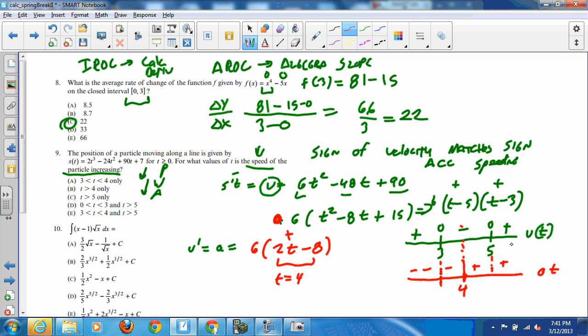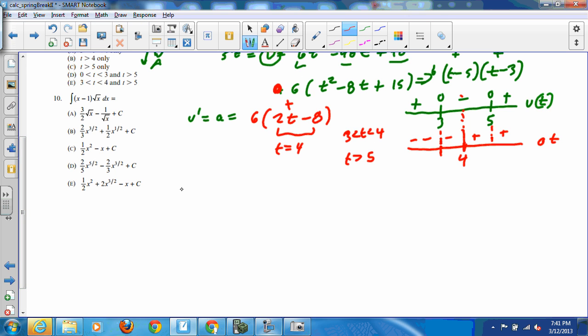They're positive in both sections here. So we're looking for an answer that has when time is greater than 5 and between 3 and 4. Looks like E might be the answer choice, so hope you're able to follow along with that explanation.